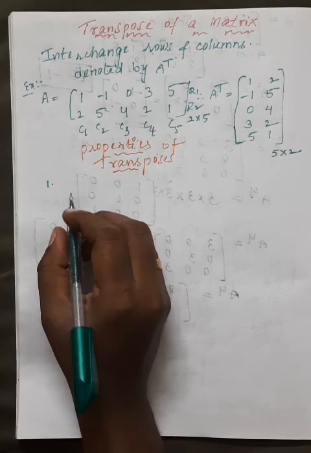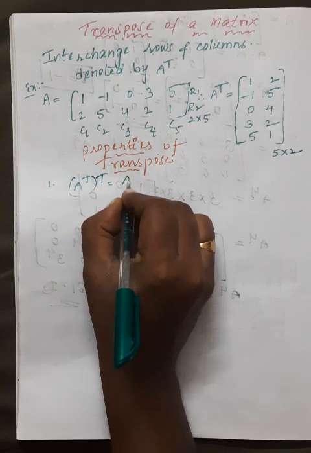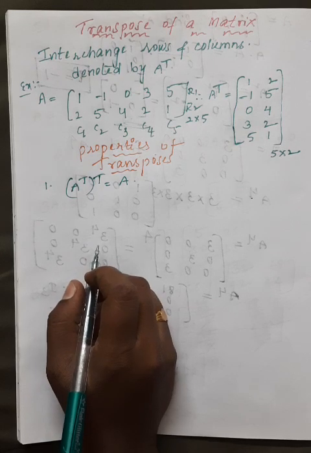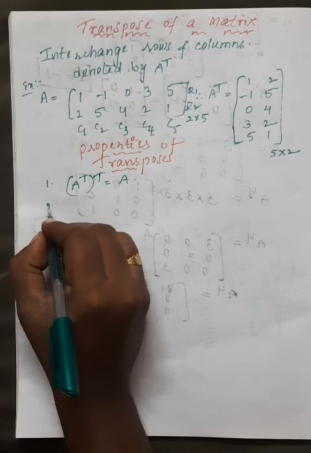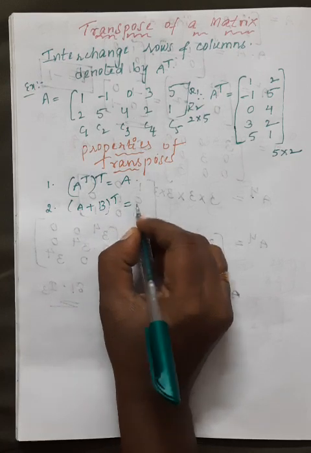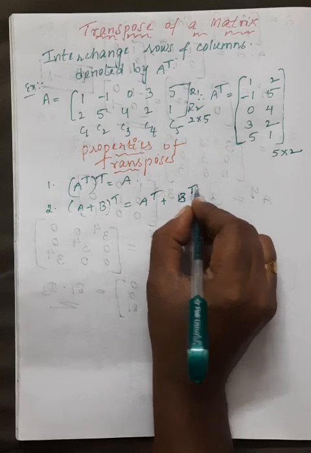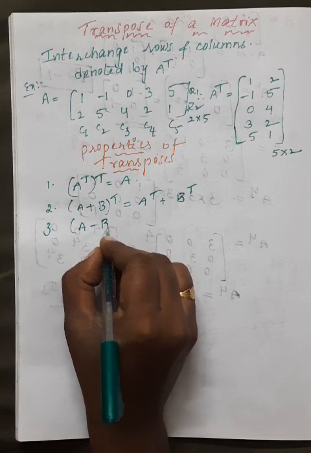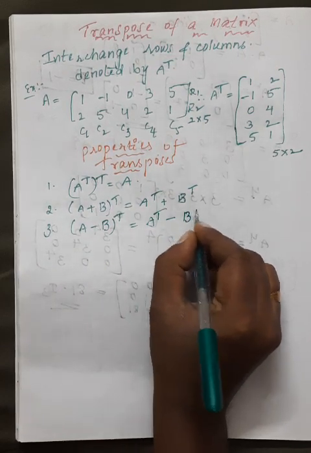First one, this is an important property: A transpose whole transpose is equal to A. So if you do transpose twice to the given matrix, then you will get the matrix itself. Then the second one is A plus B whole transpose is equal to A transpose plus B transpose. Similarly, A minus B whole transpose is equal to A transpose minus B transpose.